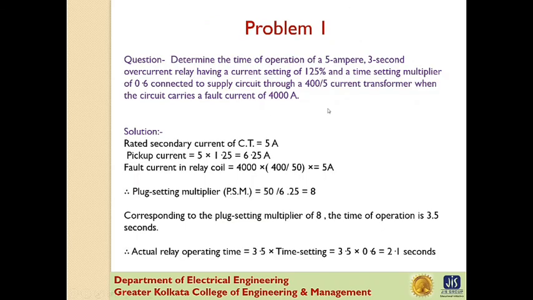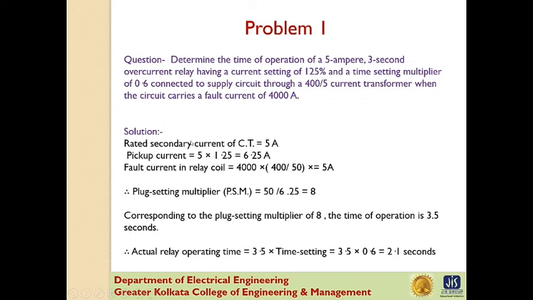The problem is: determine the time of operation of a 5 ampere 3 second overcurrent relay having a current setting of 125% and a time setting multiplier of 0.6, connected to a supply circuit through a 400/5 current transformer, when the circuit carries a fault current of 4000 ampere.